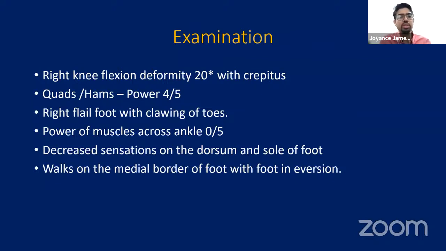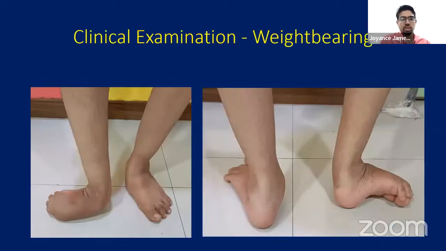The power of hamstrings and quadriceps was 4/5. She had a right flail foot with clawing of toes. The power of all the muscles across the ankle was 0/5. She also had decreased sensation on the dorsum and sole of the foot. And these are weight-bearing images.